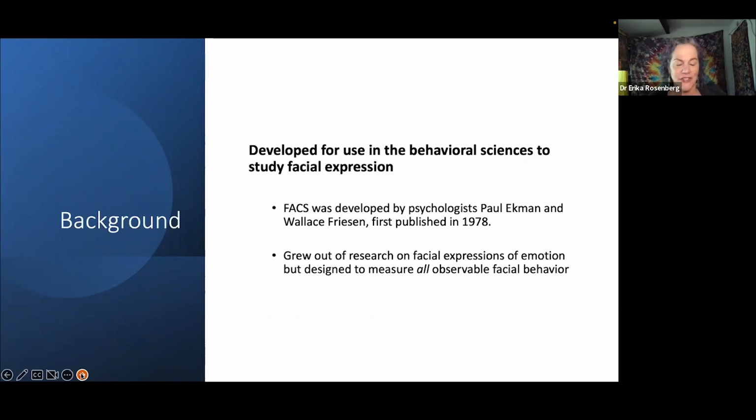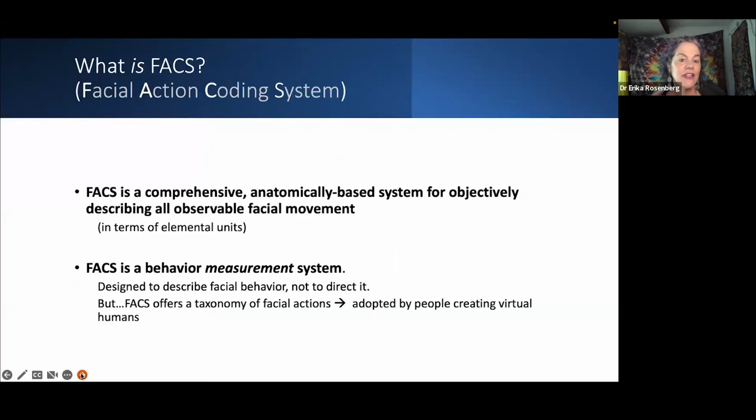And in an effort to measure all observable facial behavior, they decided they would rely on what was driving behavior, that is, the facial anatomy. So FACS is anatomically based. It is based on the human facial musculature. The elemental units are based on the musculature, and I will talk about that in the next few minutes.